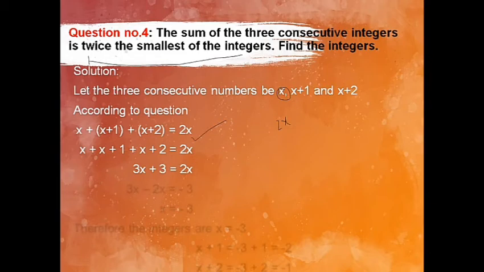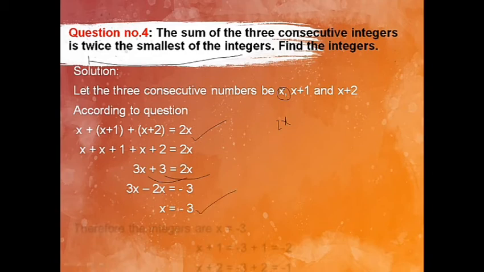Now I will transfer this 2x to the left hand side, it becomes minus 2x, and I will transfer 3 to the right hand side, so plus 3 becomes minus 3. That gives 3x minus 2x equals minus 3, and 3x minus 2x is equal to x. So we got the value of x as minus 3.